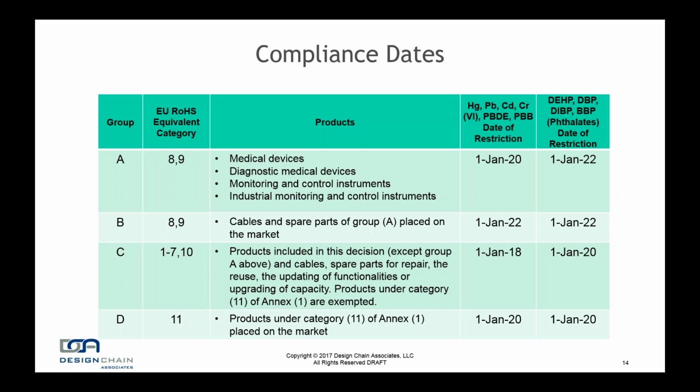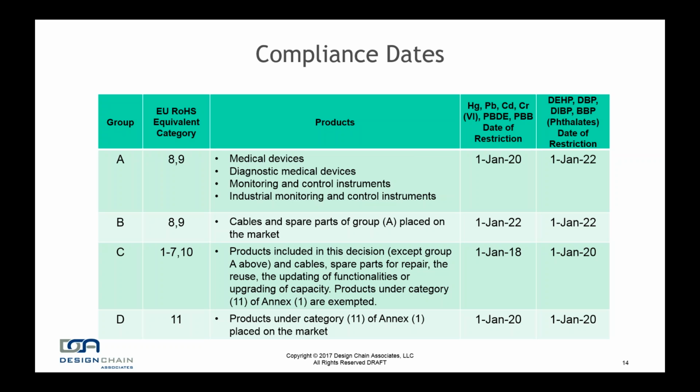The compliance dates are defined in two different annexes. I think it's 7 and 8 to the regulation. I've created a somewhat simplified table here to describe them. There are 4 groups of products. I've put the RoHS equivalent category next to those groups, A, B, C, and D. The first group, A, is categories 8 and 9, the medical devices and monitoring and control instruments.